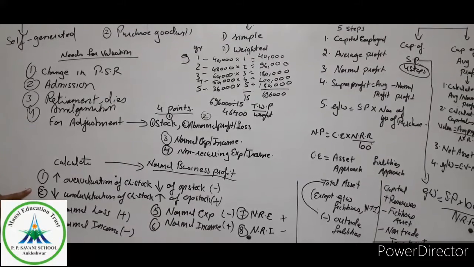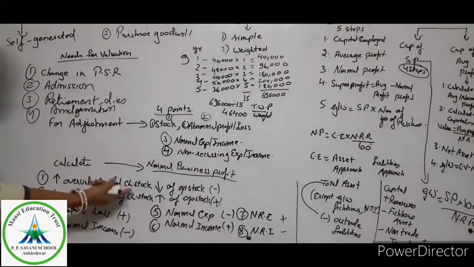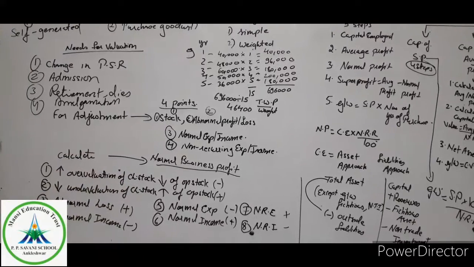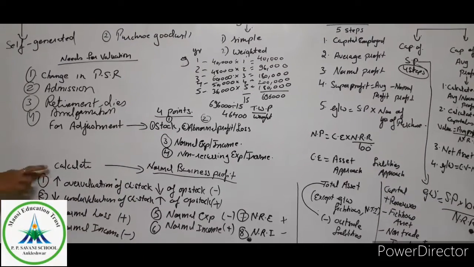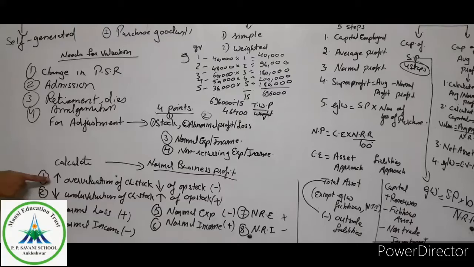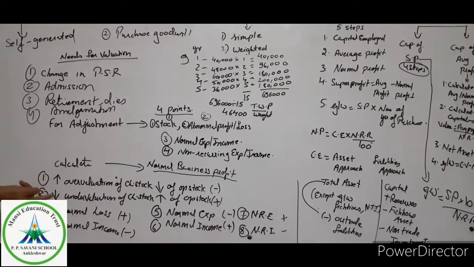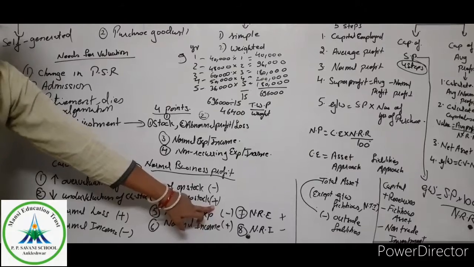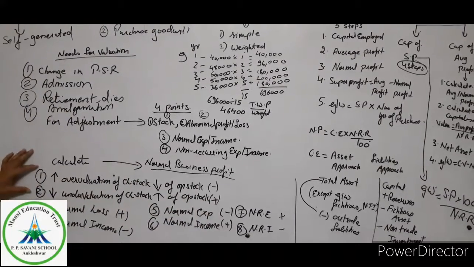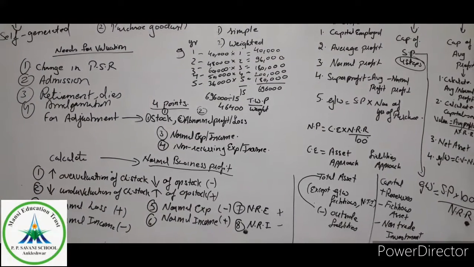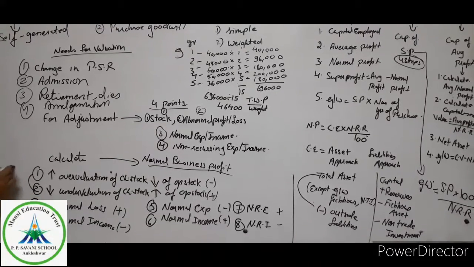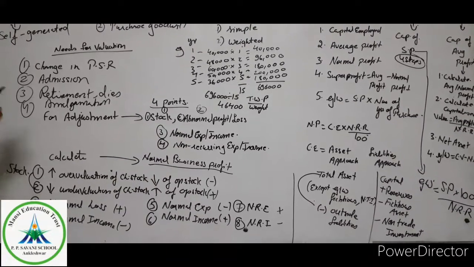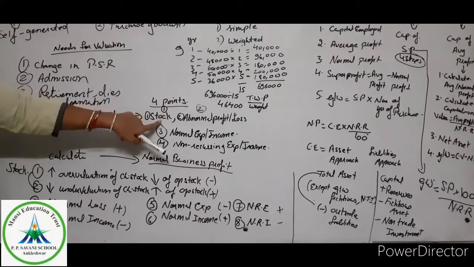Now moving on to point number 2. As it is overvaluation of closing stock and undervaluation of opening stock, similarly the next will be the opposite one. It is overvaluation, so this is undervaluation, and the effect will also be opposite. You have to add it. Now these two are done. These two are related to stock, which I told you, whatever adjustments are related, it is related to stock.